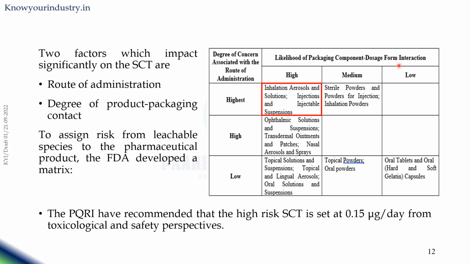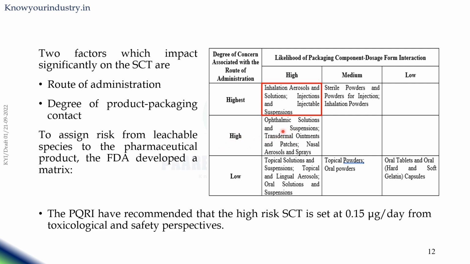So if it is a liquid solution with the packaging component rubber stopper and vial, then the route of administration is parenteral, which falls in the high category. The route of administration is high, and the packaging component and dosage form interaction also falls in the high category. So it is high, and you have to have a very stringent safety concern threshold for this particular dosage form.